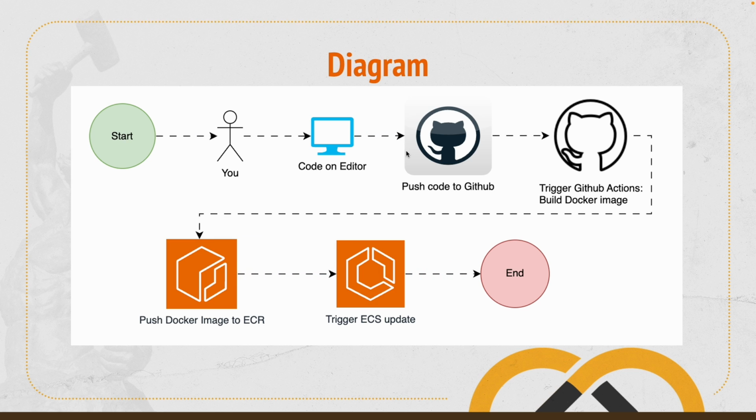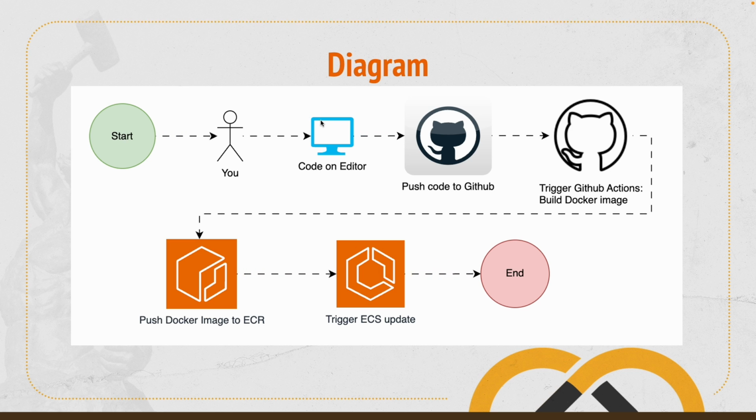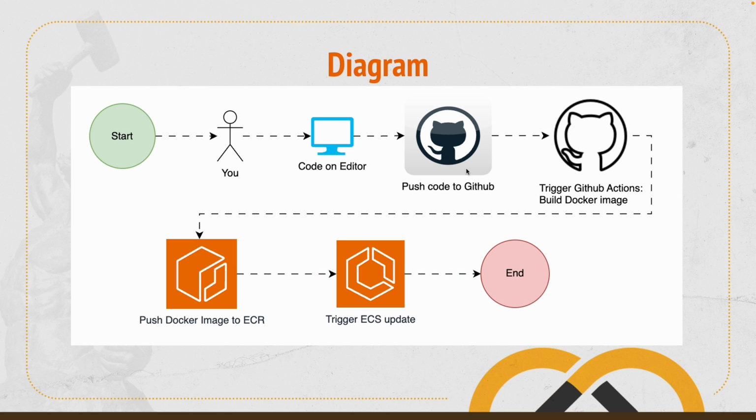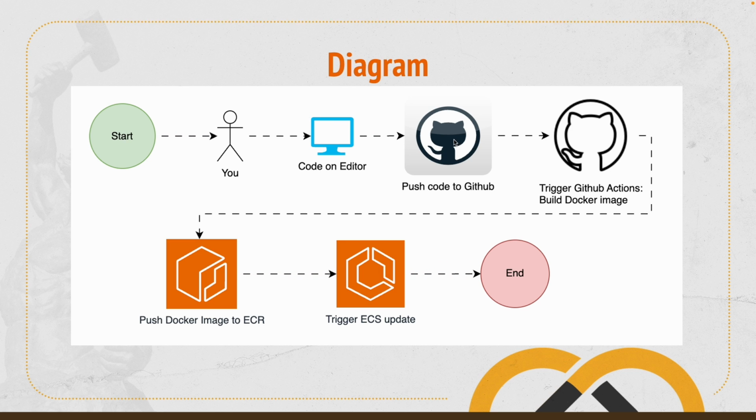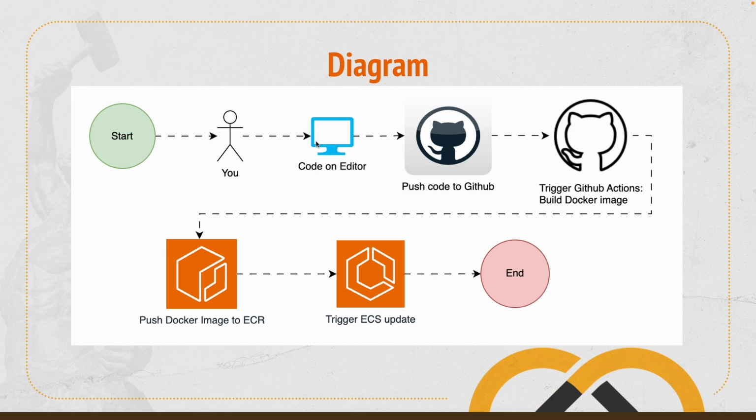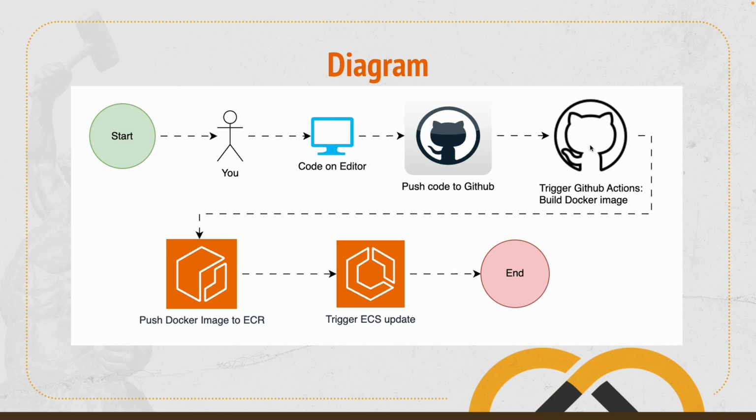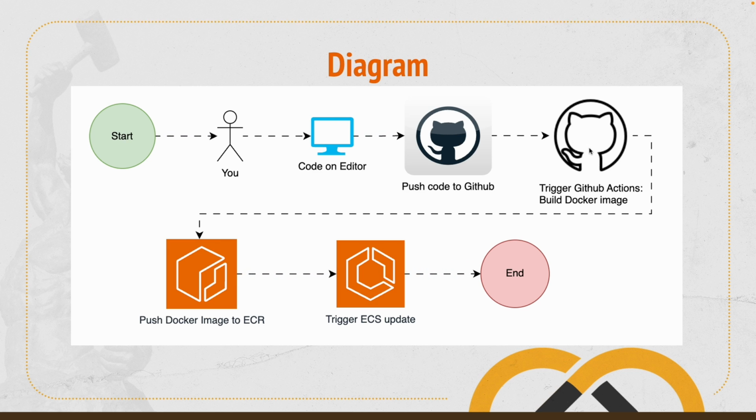And the same will happen for the front end. When the code reaches GitHub and we've made some change on the front end service, we're going to have a second GitHub Action which will run this process. So whenever we make changes to the front end code in our code base and this change arrives on GitHub, the second GitHub Action will be triggered to do the same thing.